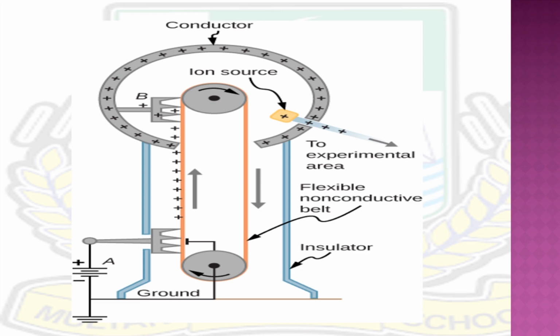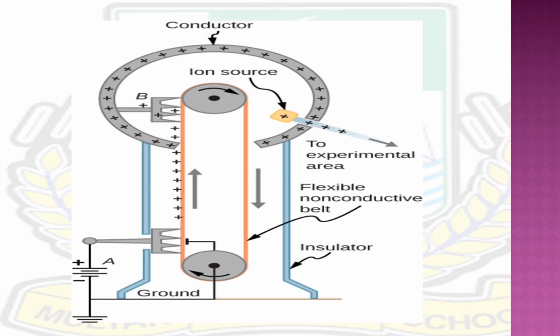Here you can see the schematic diagram of the Van de Graaff generator. A battery A supplies excess positive charge to a pointed conductor, the points of which spray the charge onto a moving insulating belt near the bottom. The pointed conductor B on top in the large sphere picks up the charge, that is, the induced electric field at the points is so large that it removes the charge from the belt.